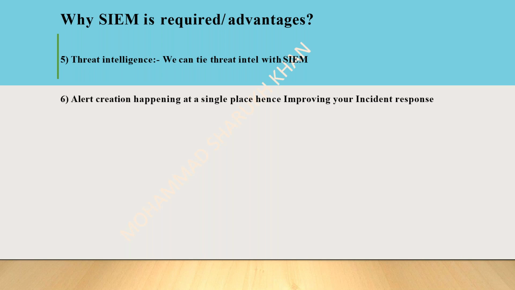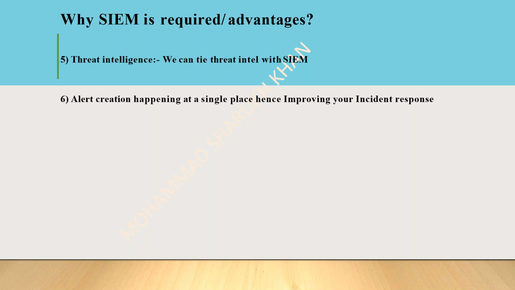Alert creation happening at a single place. I hope you have heard about ITIL. ITIL is a framework for service and incident management. Since everything is happening at a single place, you have all the data coming into the SIEM, and you have created multiple types of security alerts. All the alerts are created at a single place, guys.